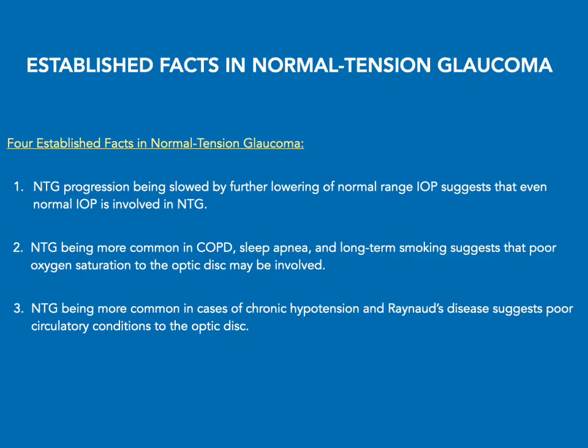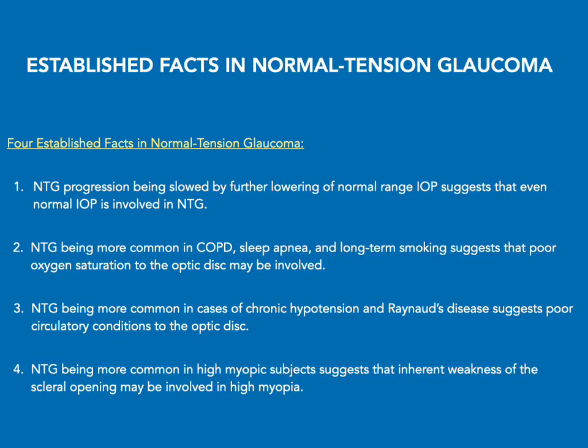Number 3, NTG being more common in cases of chronic hypotension and Raynaud's disease suggests poor circulatory conditions to the optic disc. And number 4, NTG being more common in high myopic subjects suggests that inherent weakness of the scleral opening may be involved in high myopia.